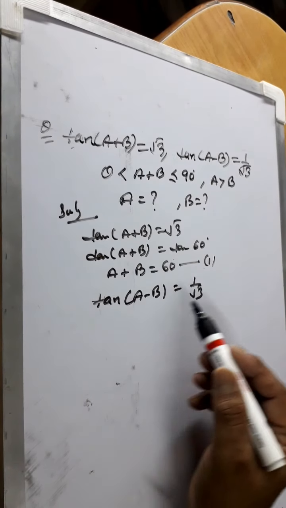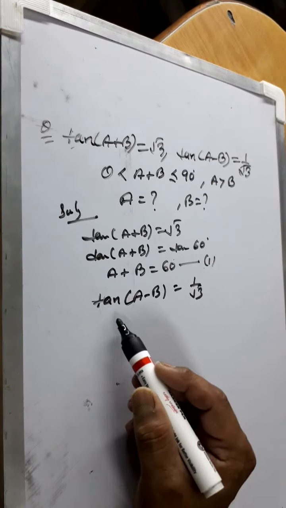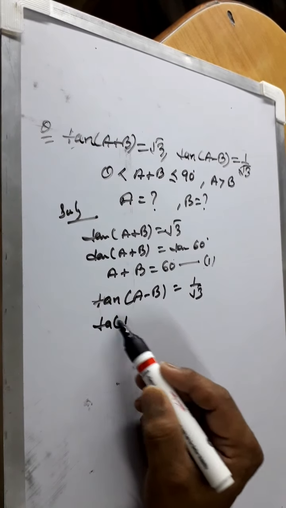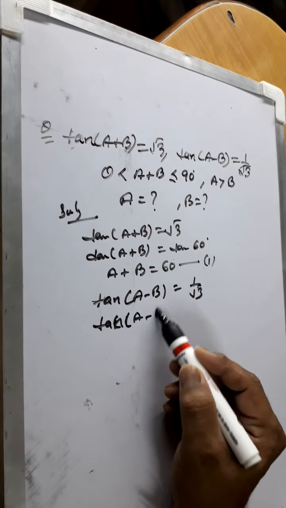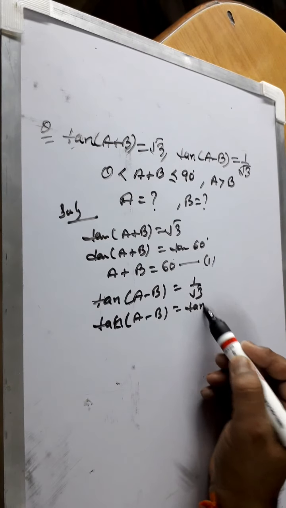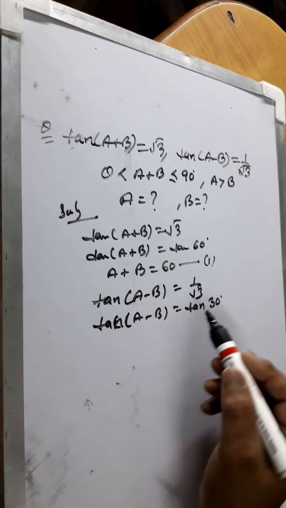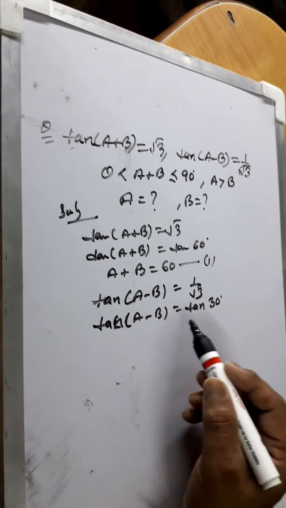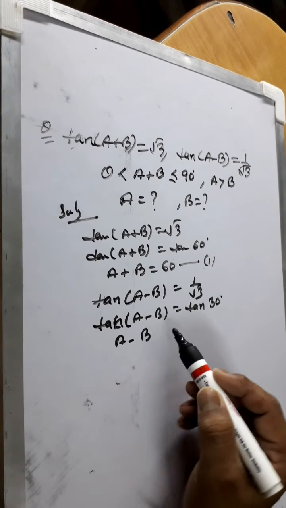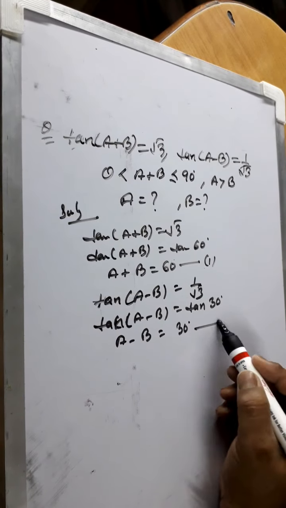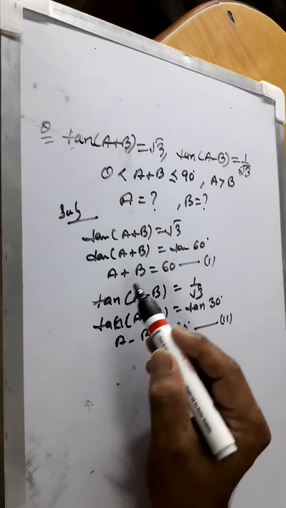And we know that tan 30 degree is equal to 1 upon root 3. Then we can write tan of a minus b is equal to tan 30 degree in place of 1 upon root 3. On removing tan from both sides, we get a minus b is equal to 30. This is our second equation.